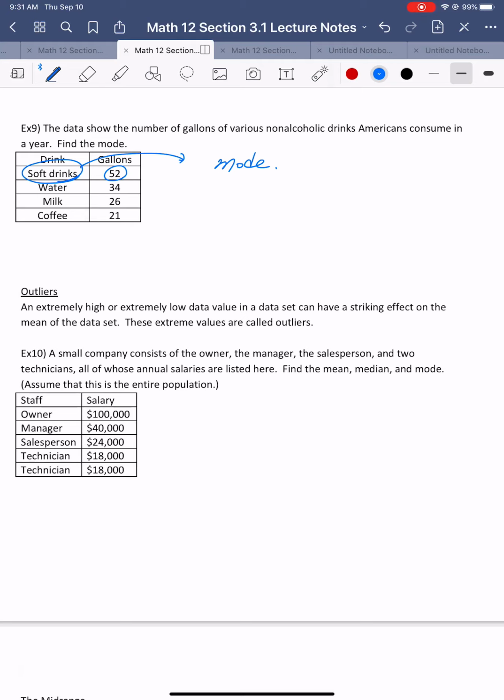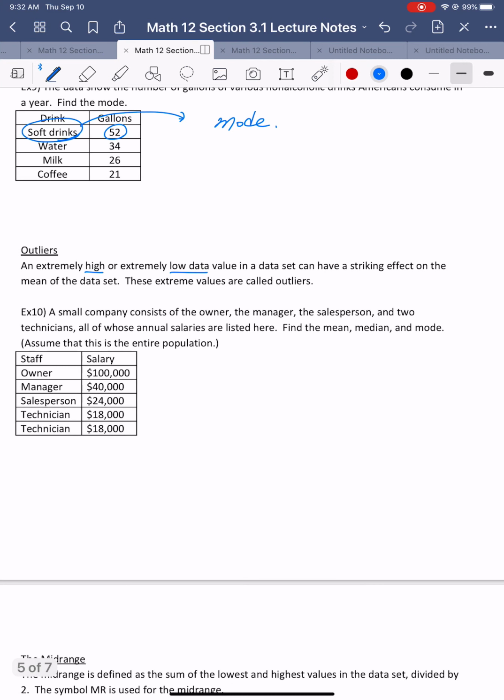And the outlier, extremely high or extremely low, okay? So if you compare with the other data values, one or two is very high or very low, and that can have a striking effect on the mean of the data set. So these extreme values we call outliers. Example 10, a small company consists of the owner, the manager, a salesperson, and 2 technicians, whose annual salaries are listed here.